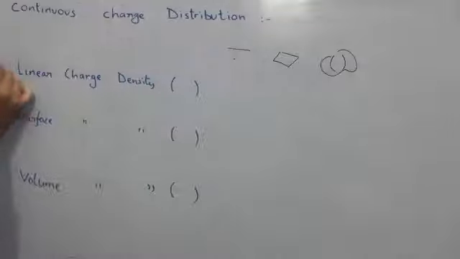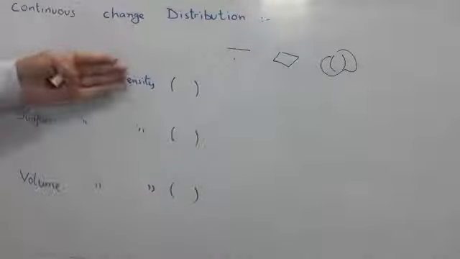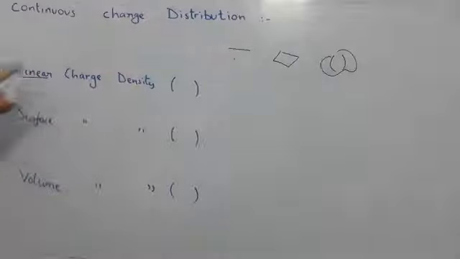The first one is linear charge density. See, it is charge density. The normal mass density, you know, it is density per unit volume. So it is linear. Linear will be for length, surface for area, and volume, you understand that, occupying some space.